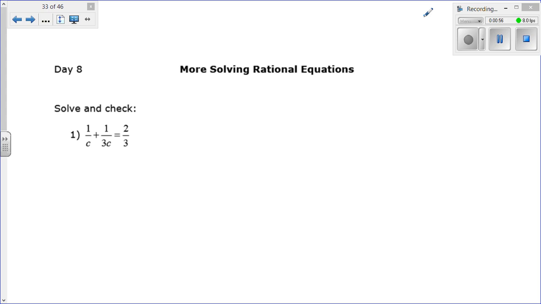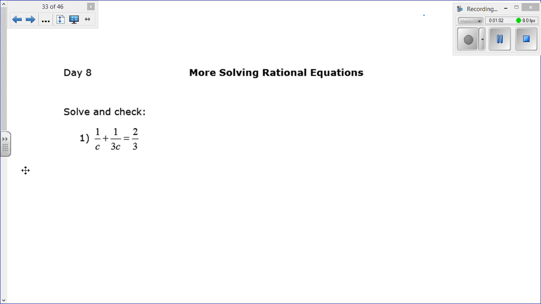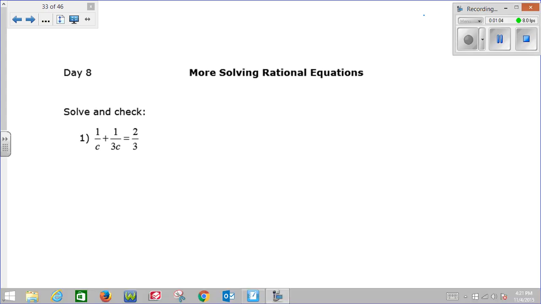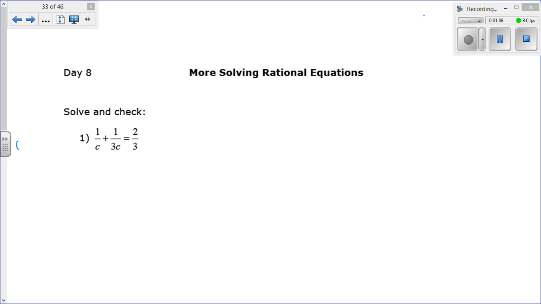So for the first one, when I look at my denominators, I see a C, a 3C, and a 3. So your LCD is 3C. So multiply each piece by 3C.